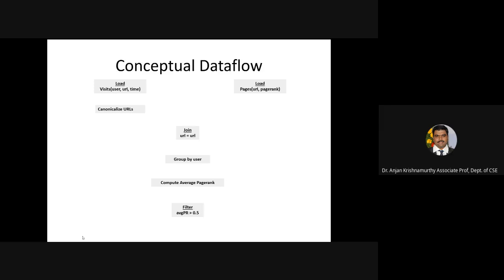This join operation is nothing but the URLs which are common on the user visits and the URLs which are common on the PageRank side. After this join operation is performed, you use a group by user, and then you compute the average page rank.